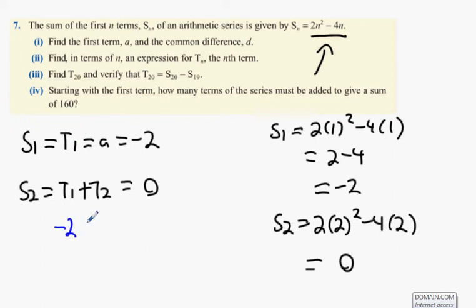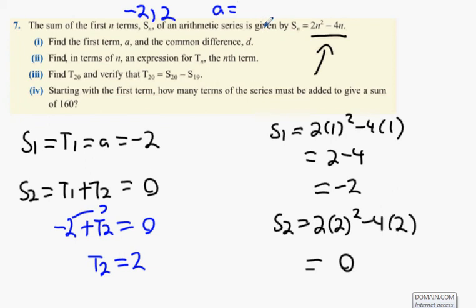Therefore, T2 is, what will add to minus 2 to give you an answer of 0? T2 equals 2. Now you can write down your series. Your first term is minus 2. Your second term is 2. What's the A value? What's the D value? It's going up in 4s. So A and D are minus 2 and 4.